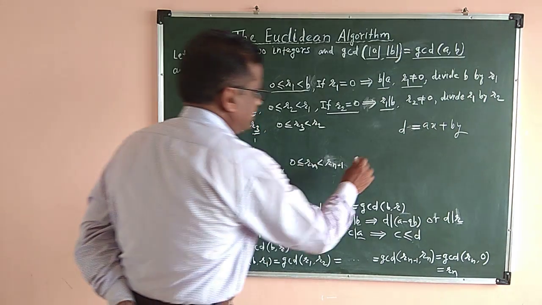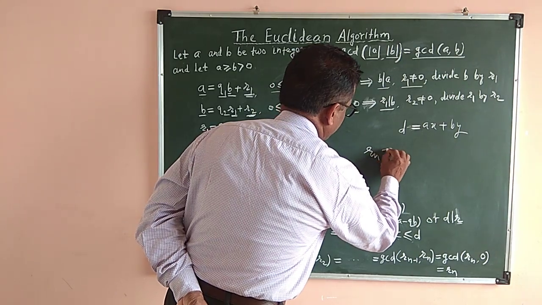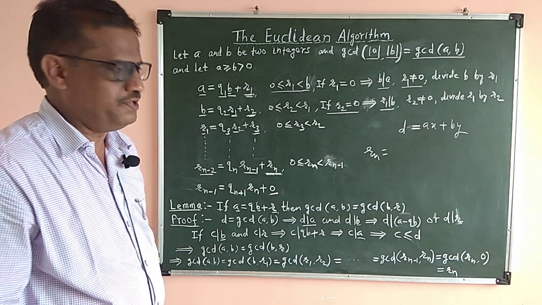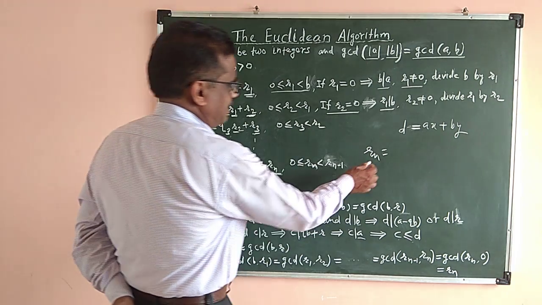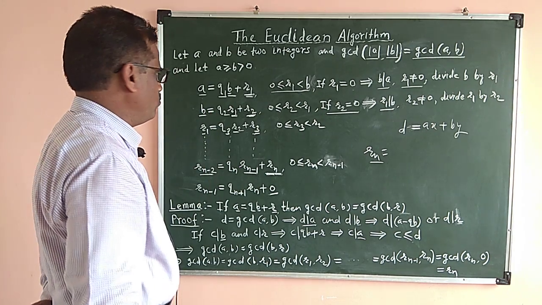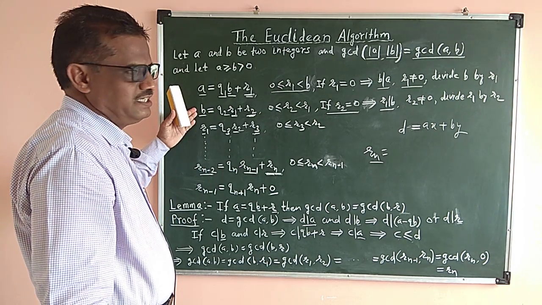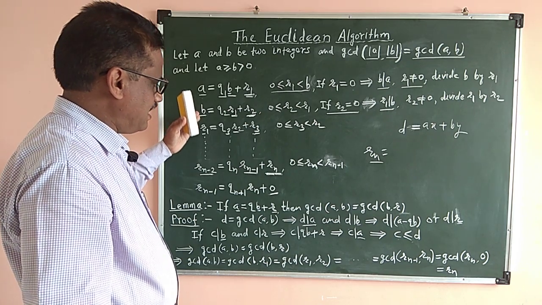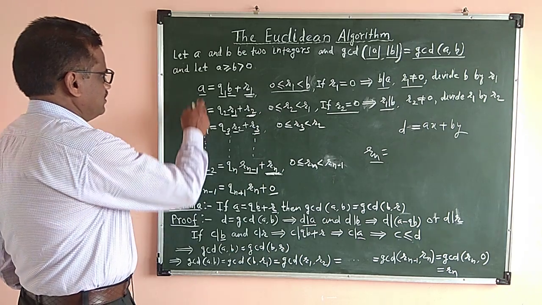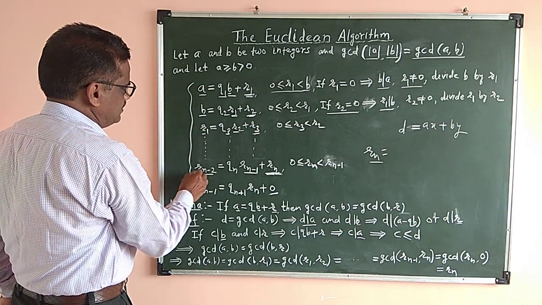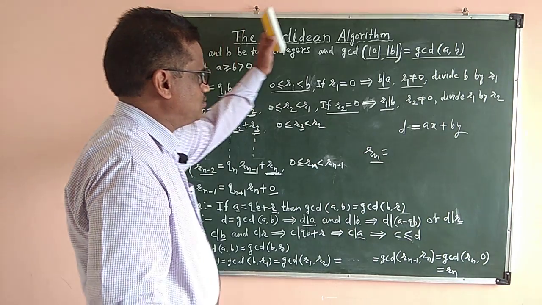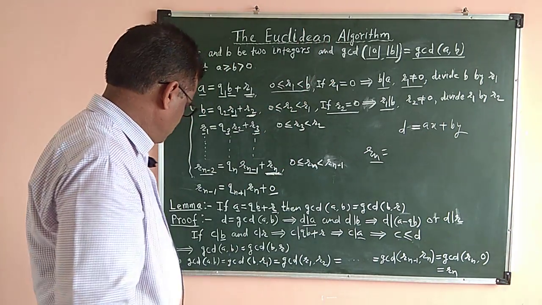And lastly we get Rn as a linear combination of A and B. That means Rn is the GCD of A and B. So the GCD of any two integers is the last non-zero remainder in this process, that is, in the Euclidean algorithm.